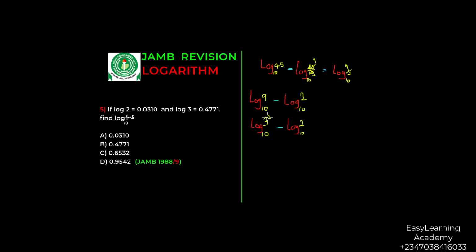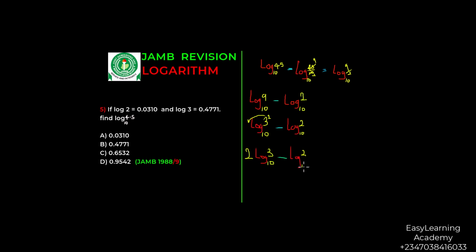Still obeying the law of indices, the power 2 will come to the front, so we have 2 log 3 base 10, and of course we subtract log 2 base 10.